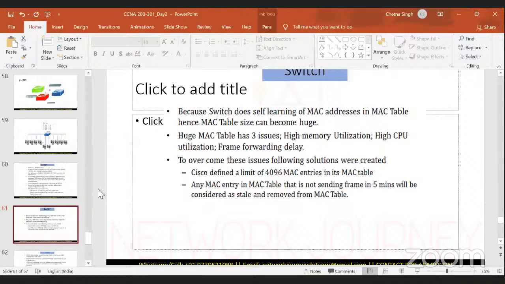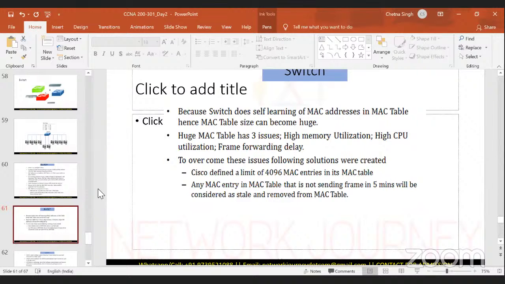Secondly, if any MAC entry or any PC is not sending any frame for, let's say, 5 minutes, then that particular entry can be removed from the table. It sets a timer for the entry I have just made.